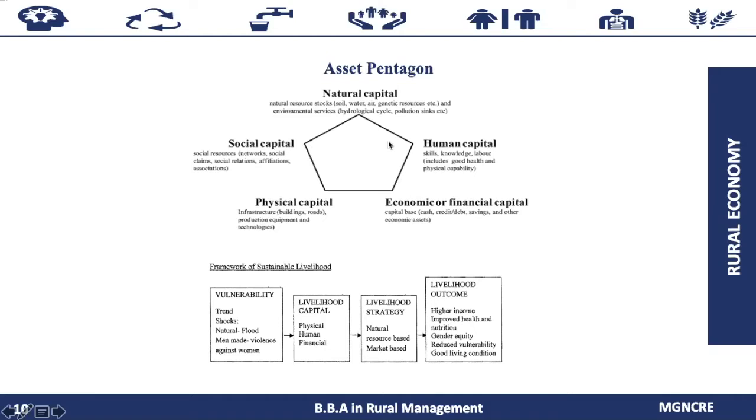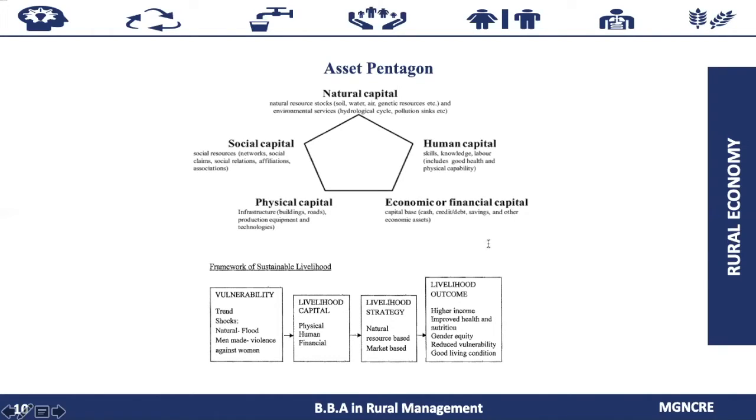They are irregular and vary in intensity and include events such as natural disasters, civil conflict, losing one's job, collapse in crop prices for farmers, etc. Further, the asset pentagon, that is the livelihood capitals, that is financial, physical, social, human, and natural, will be discussed, on the basis of which the livelihood strategy is built up.